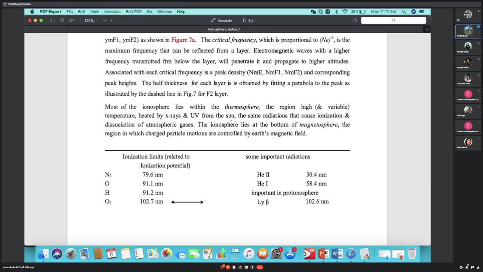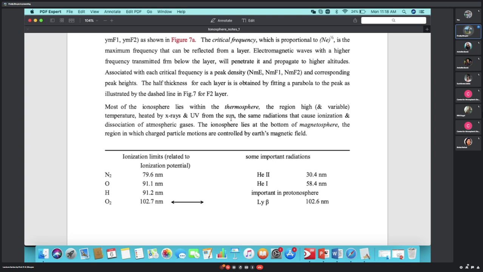And also because these neutrals are hit by these strong radiations in the ultraviolet as well as in the X-ray region, they will also be ionized and dissociated. Dissociated means N2 can be dissociated to N and N. Similarly, O2 can be dissociated to two oxygen atoms.